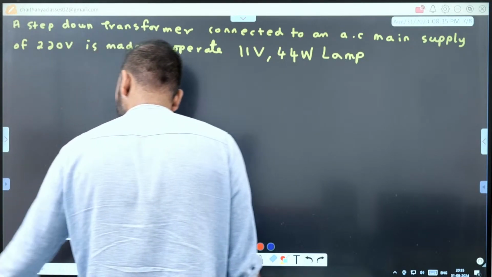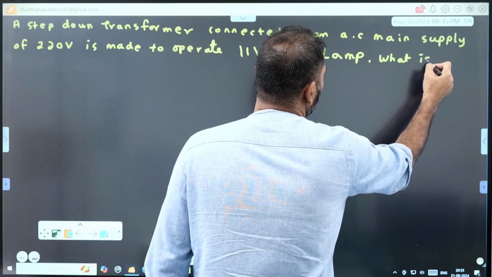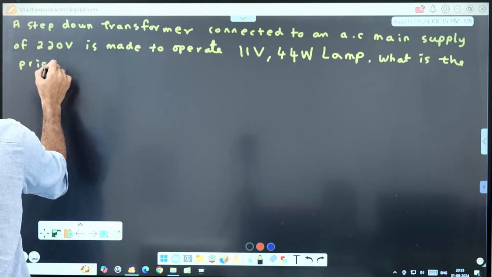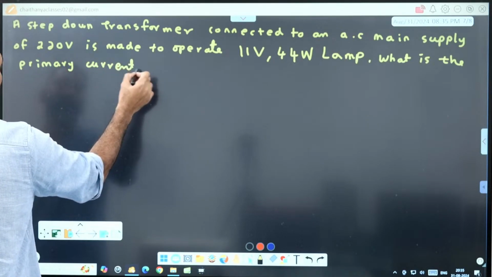What is the current in the circuit? What is the primary current?